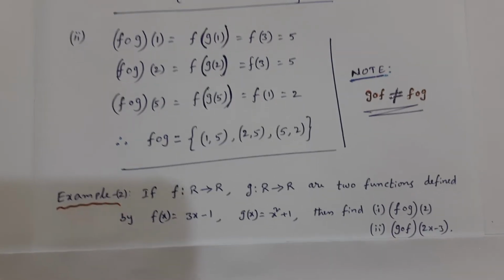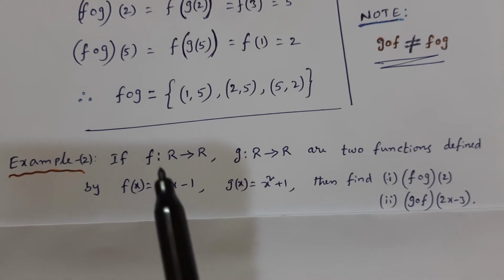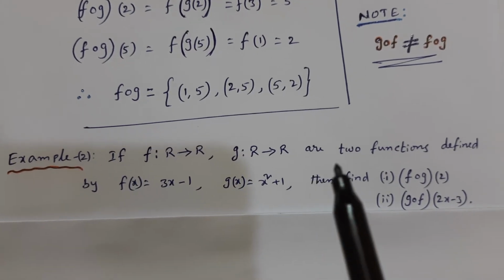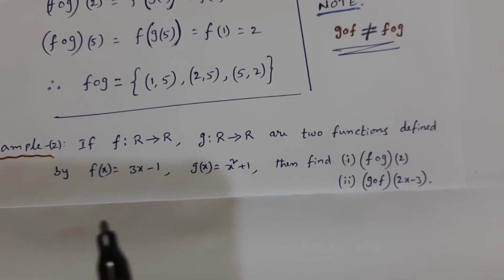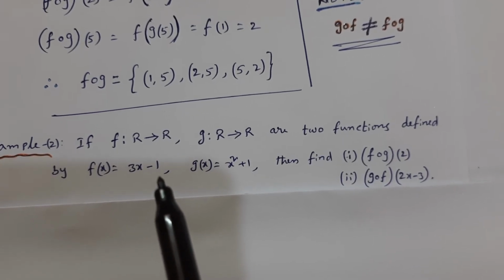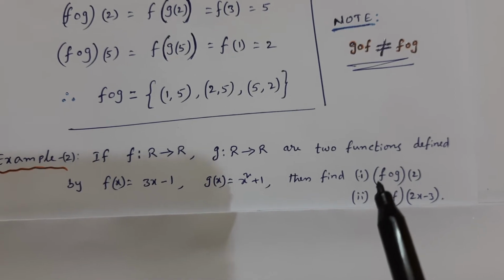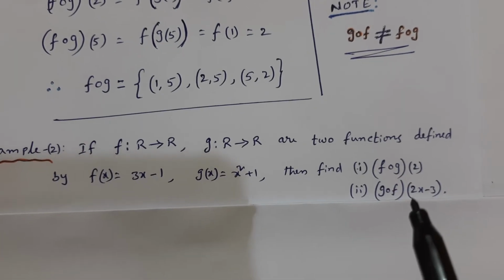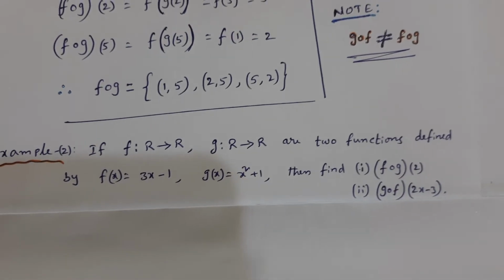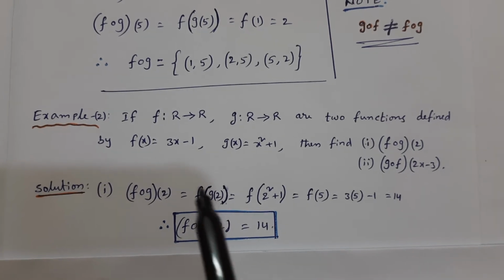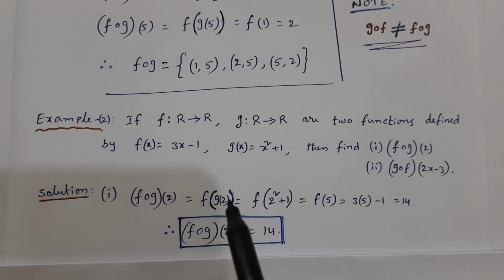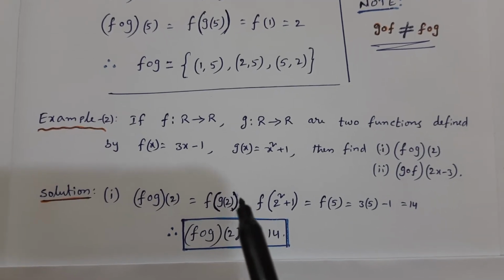Now we will see one more example. If f from R to R and g from R to R are two functions defined by f of x equals 3x minus 1 and g of x equals x square plus 1, then find f circle g of 2 and g circle f of 2x minus 3. Here f circle g of 2 equals f of g of 2.